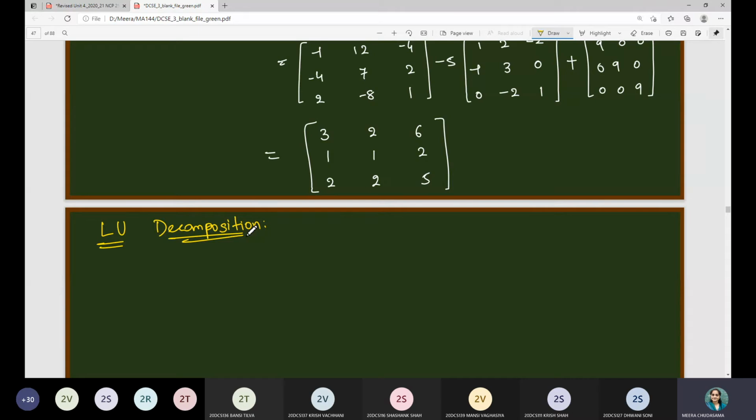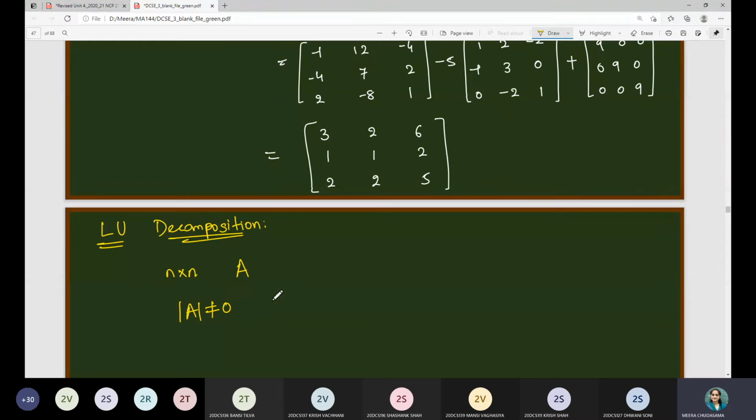Always write the letters L and U in capitals. Why? Because if you are given any square matrix A which is non-singular, non-singular means it is invertible, that means determinant of A is not equal to 0.